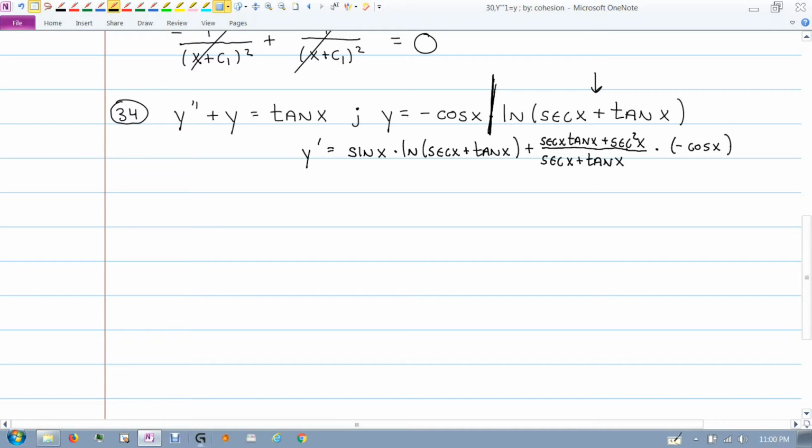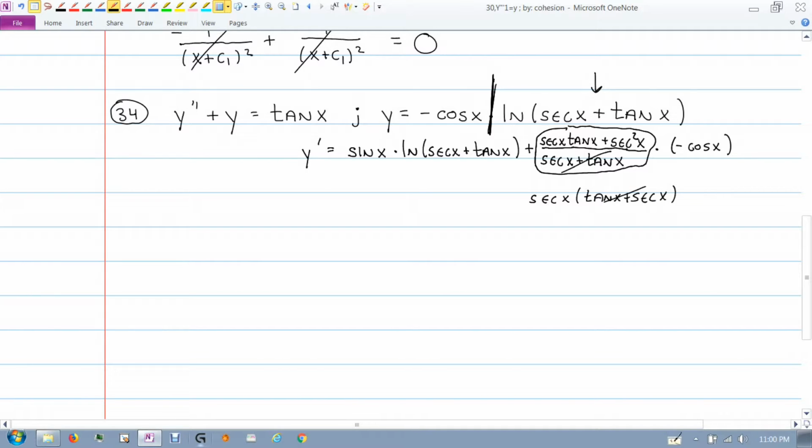So there's my second derivative, extremely ugly, but let's see what happens here. I can probably clean some stuff up here. Notice on this that I can factor a secant out of the top. So when I pull a secant x out of the top, I'm left with tangent x plus secant x, and that cancels with what's on the bottom.